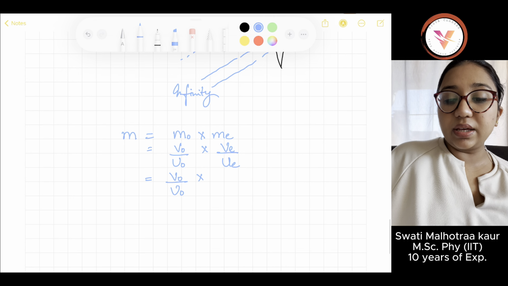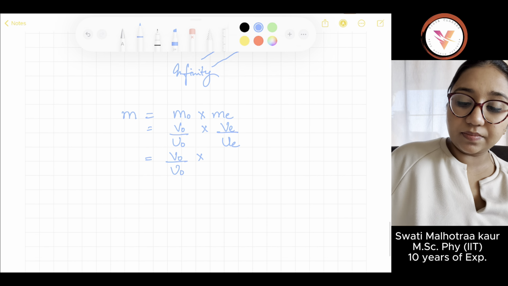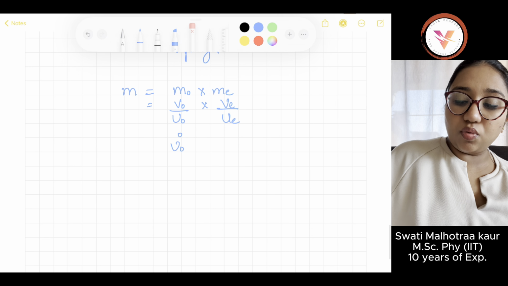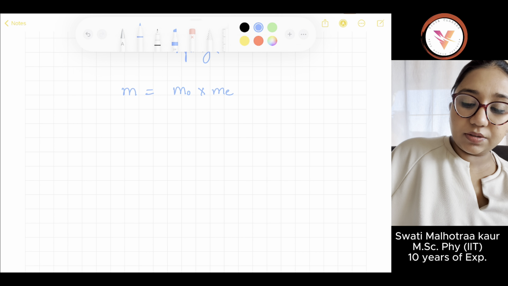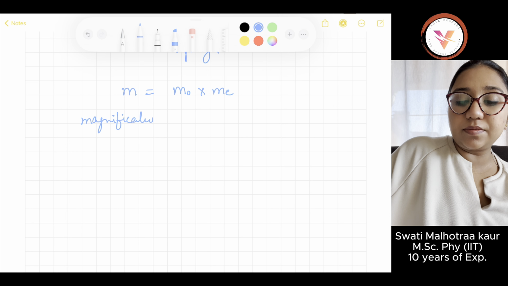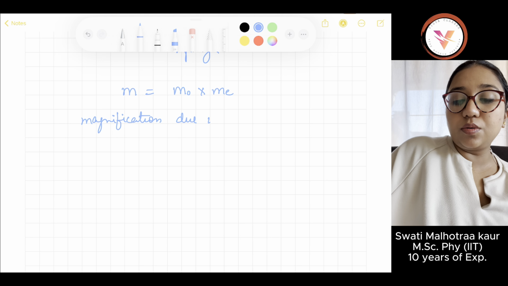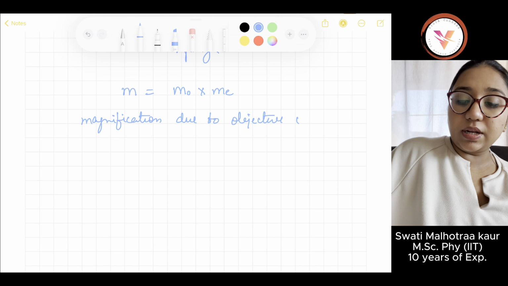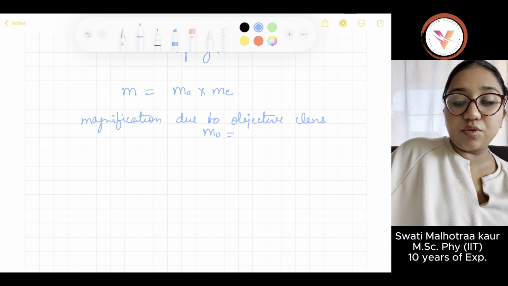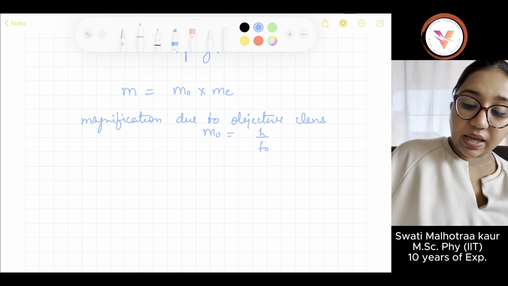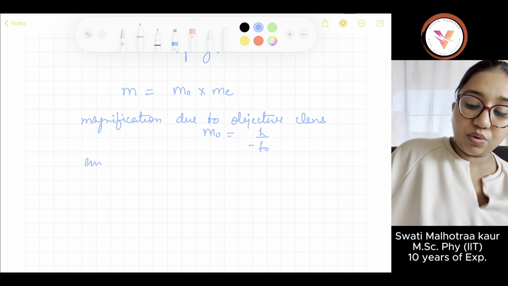Basically, VE can be written as, if you want, you can say that magnification due to objective lens, MO is what? L by FO, which we have done earlier, and due to eyepiece.